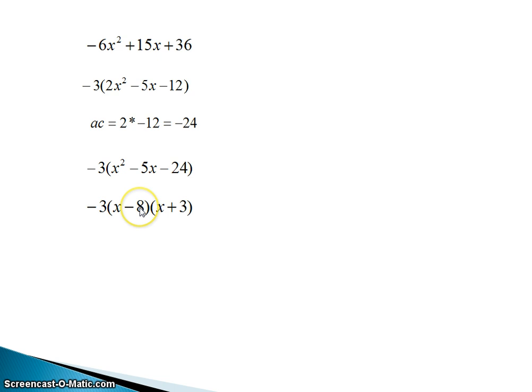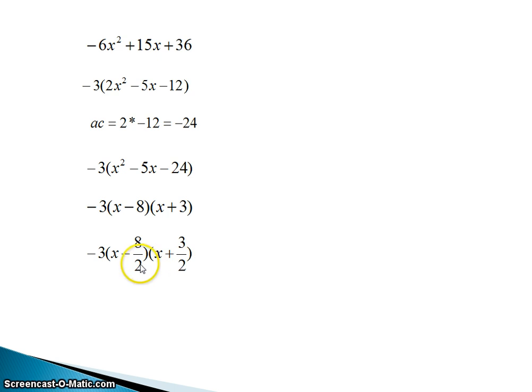And the two numbers that meet this criteria are negative 8 and positive 3. And I'm going to use that to write my temporary factors of x minus 8 and x plus 3. Now I'm going to divide both negative 8 and 3 by that value of a, which was 2. So I'm going to do that right here. And so I have negative 8 divided by 2 and 3 divided by 2.